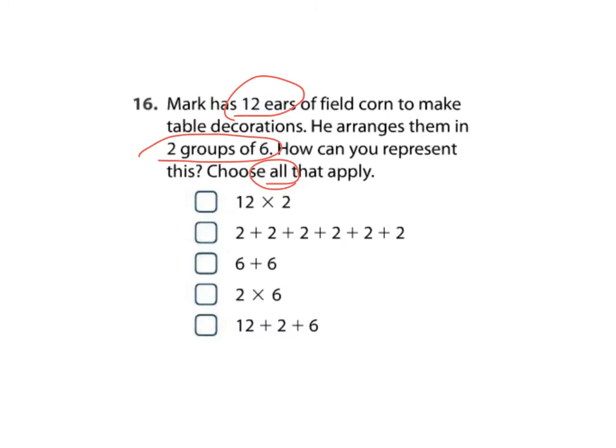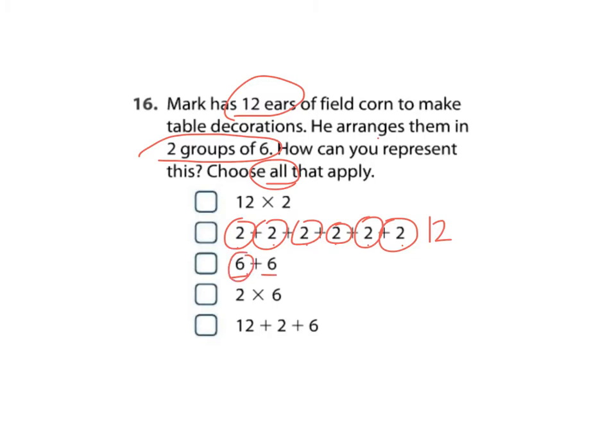No. If he has 2 groups of 6, would 2 plus 2 plus 2 plus 2 plus 2 plus 2 represent how he made his table decorations? While this might equal 12, this is showing me 6 groups of 2. So this is not going to represent how he arranged his ears of corn. 6 plus 6.